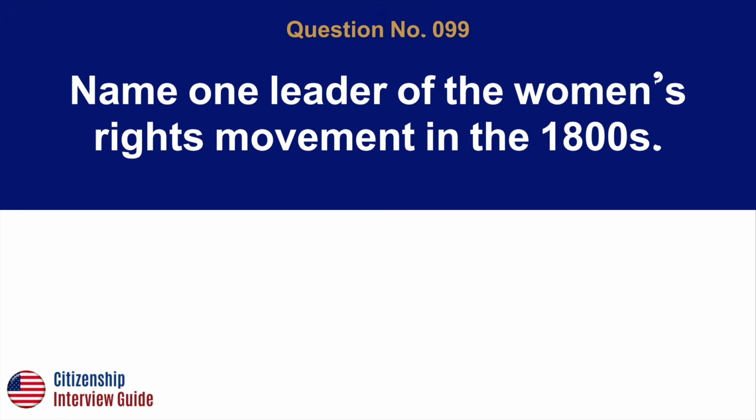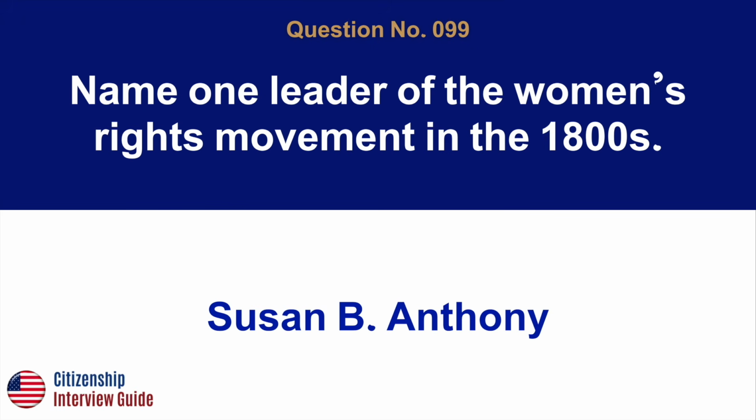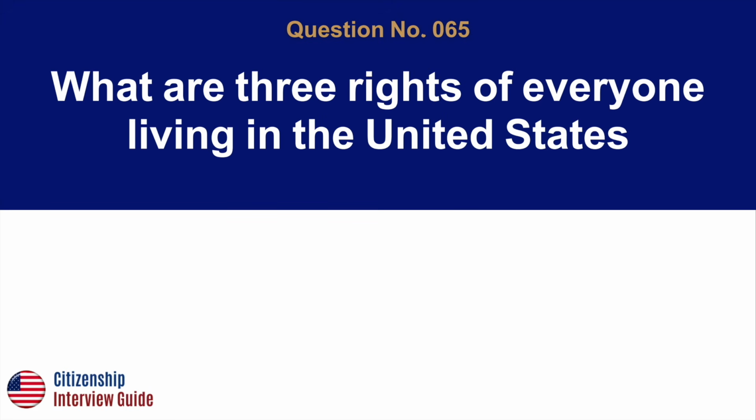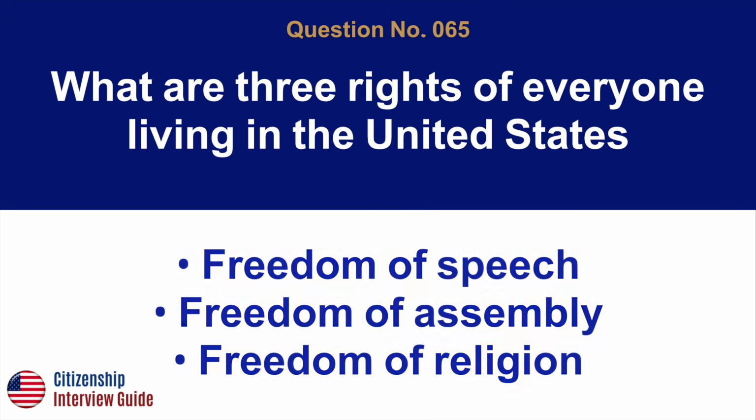Name one leader of the women's rights movement in the 1800s. Susan B. Anthony. What are three rights of everyone living in the United States? Freedom of speech, freedom of assembly, freedom of religion.